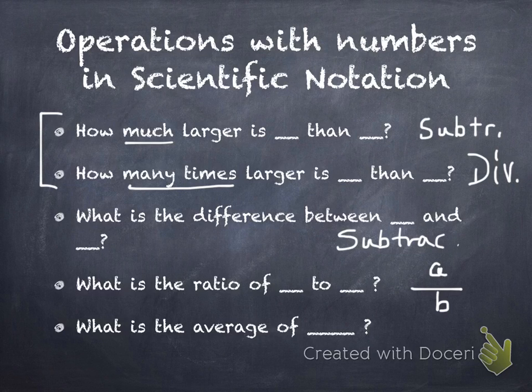What is the average of a bunch of numbers? Well, remember how to do average. I'm going to add, then divide. Okay, so that's just a quick review, but I just want to encourage you to read each of these problems carefully. Some of them can be a little tricky just to know how to proceed.